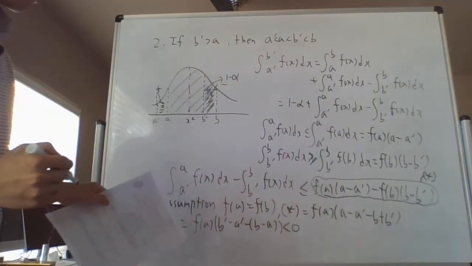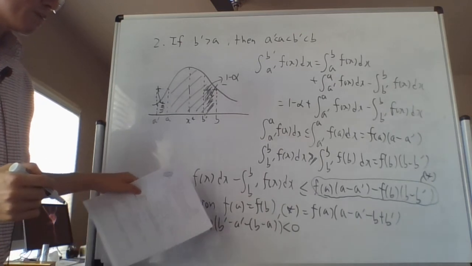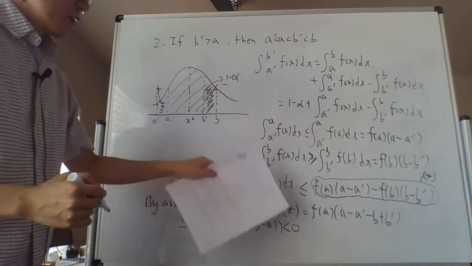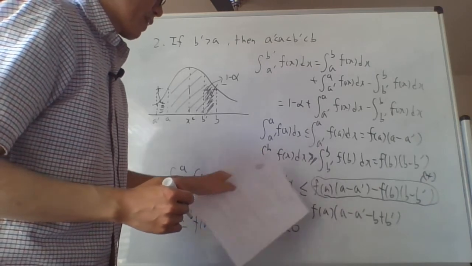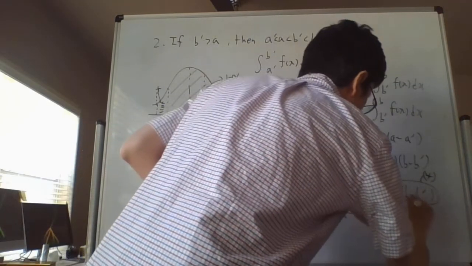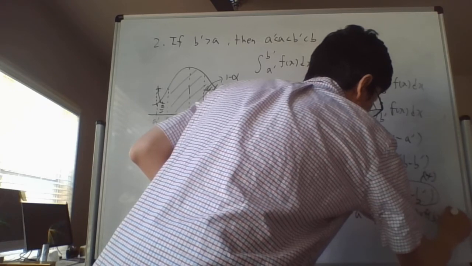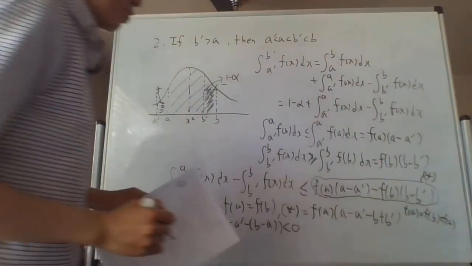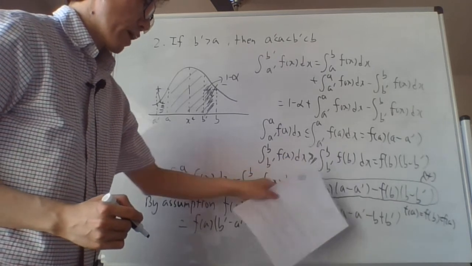We have this rearranging, but we have f(a) times (b prime minus a prime minus (b minus a)). So we have this because of the assumption. So if we say f(a) equal to f(b), then we can put these together and calculate it.